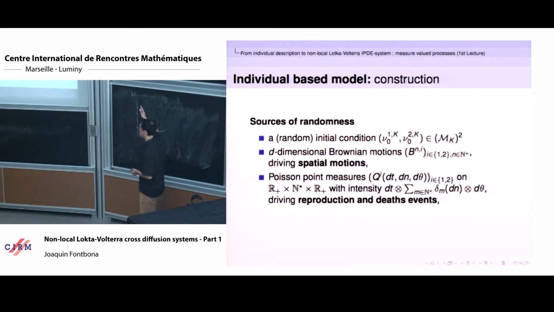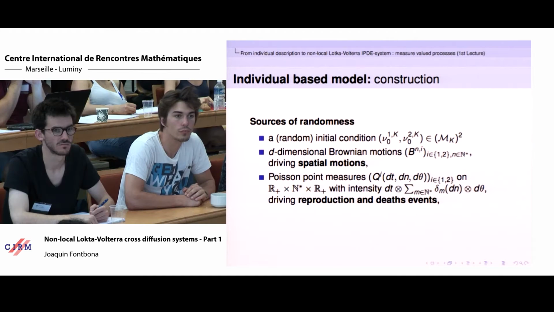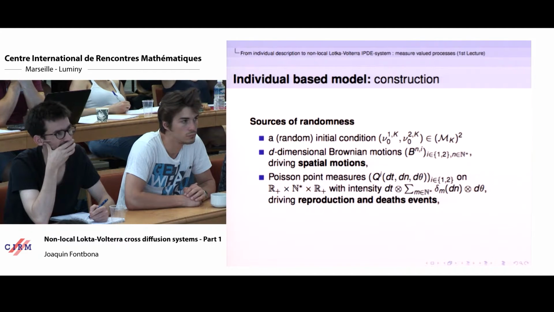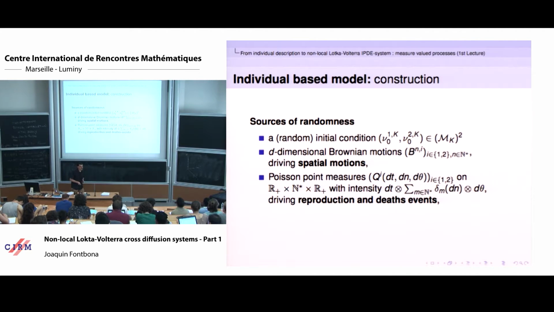So in this coordinate, this is discrete. I'm on the positive integers. And on the other coordinate, this is theta, an artificial parameter, which will be used in order that the events happen at the rate we would like.